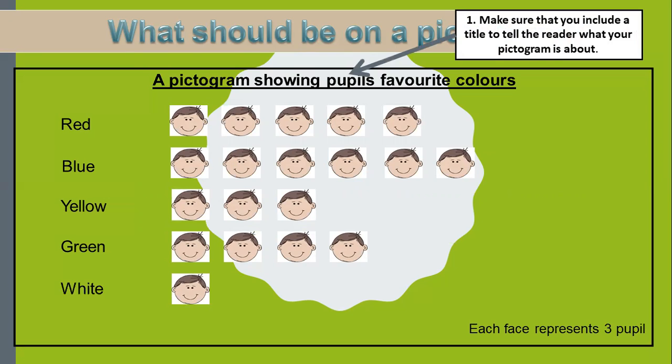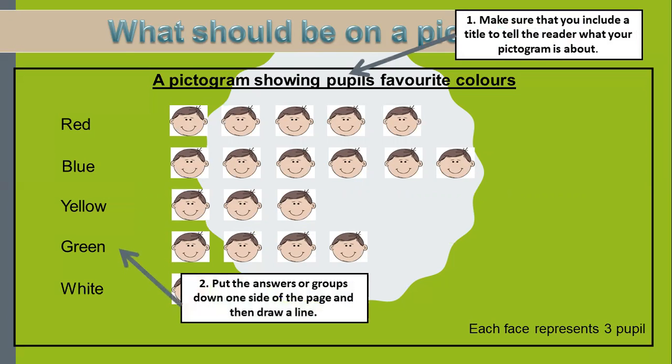Title, judul ya. Silakan sampaikan judulnya. And then the second is put the answers or groups down one side of the page and then draw a line. Do you want to draw a line or not? Depends on you, but it is better to draw a line. I will draw a line for you here, yeah.